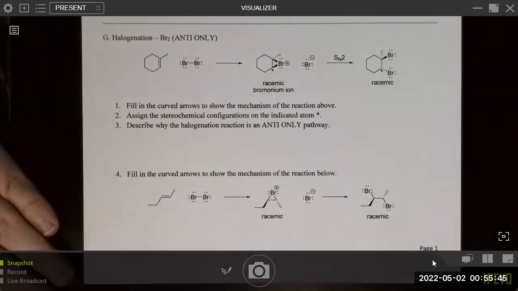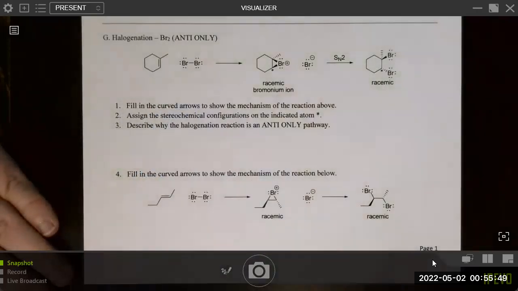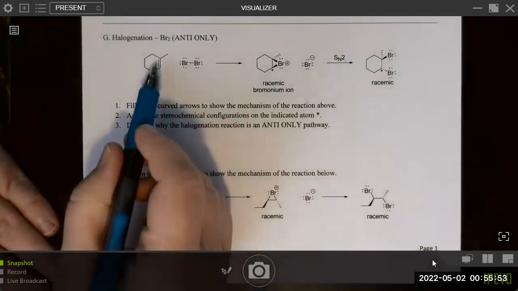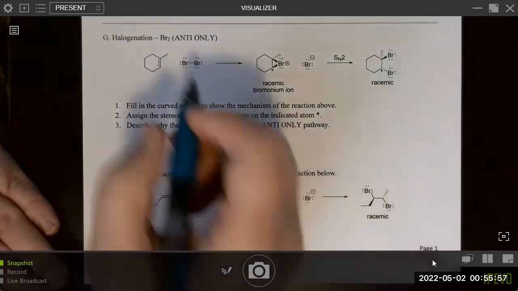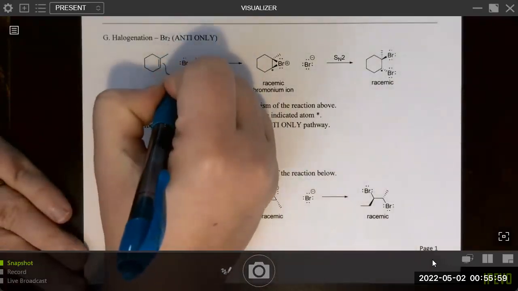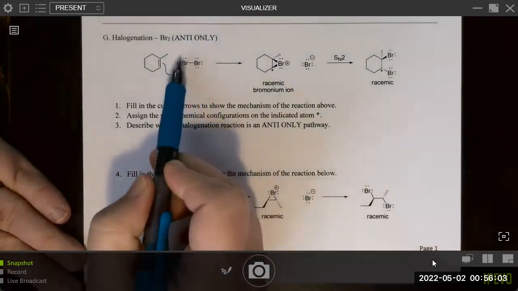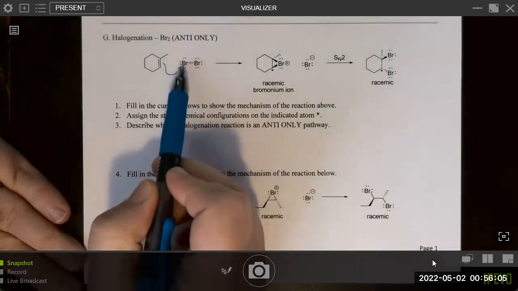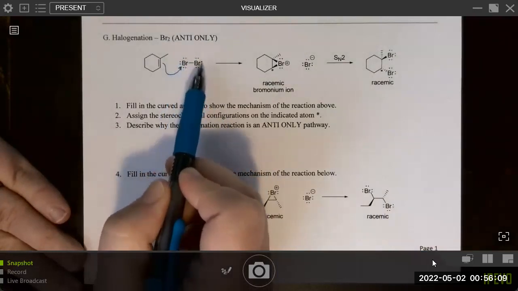That's the anti-addition product. So the first part of the activity asks us to fill in the curved arrows to show the mechanism. Remember that pi bonds are both basic and nucleophilic, so they can do a nucleophilic attack. Remember that bromine is normally nonpolar, but it's very polarizable because of the large atoms.